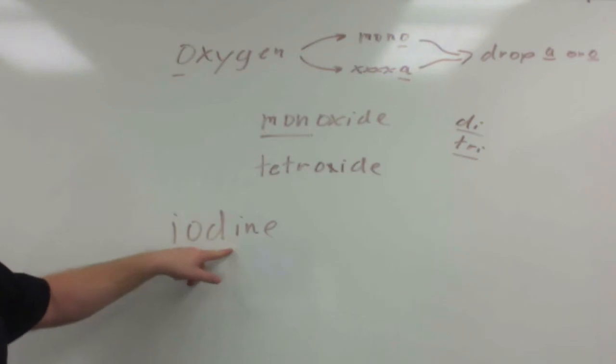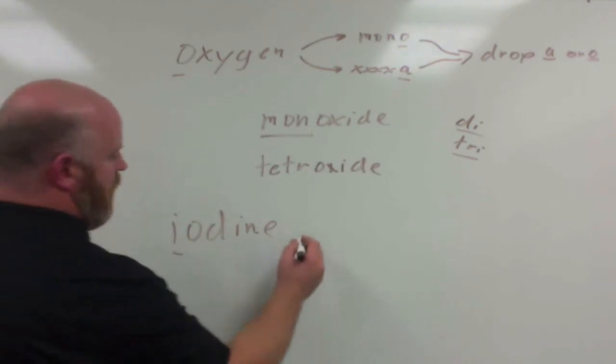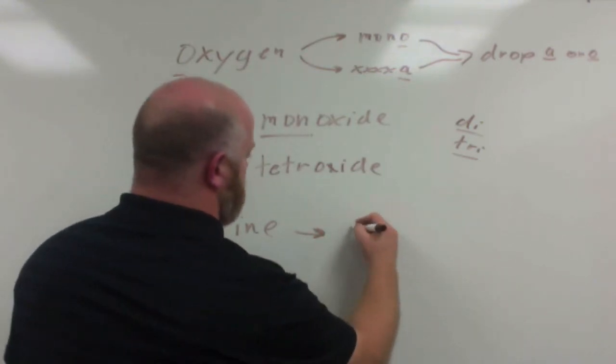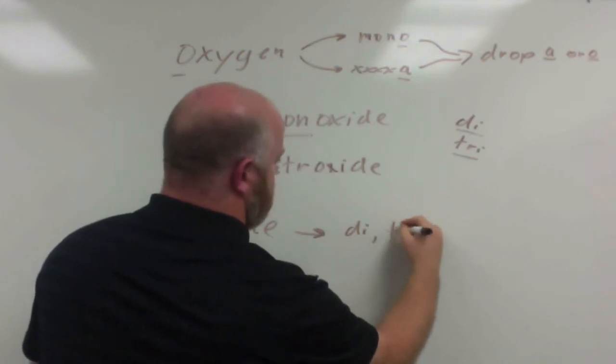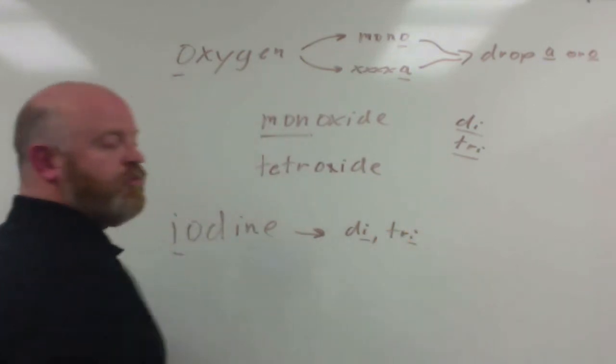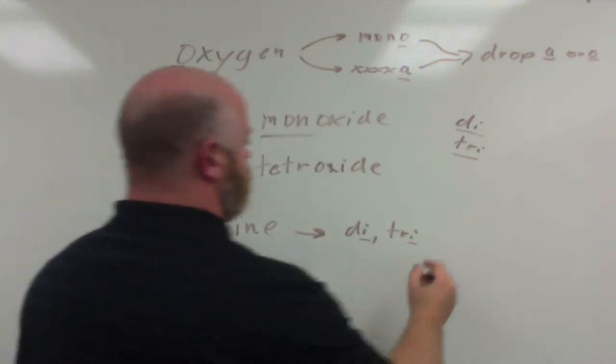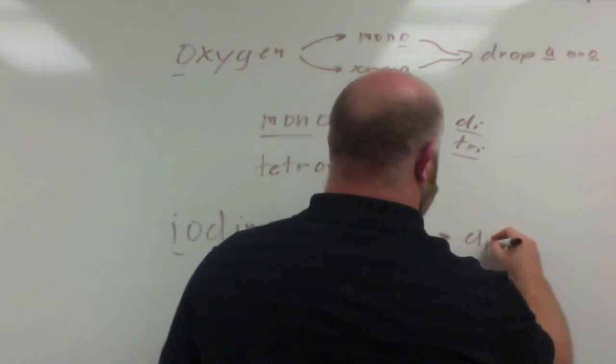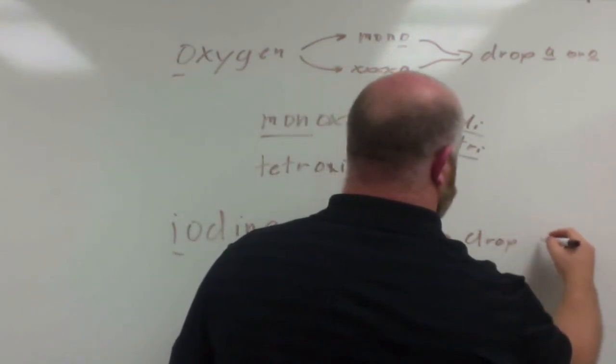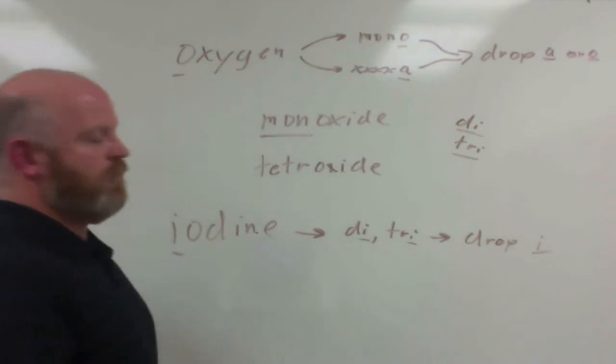However, for iodine, because it begins with an I, your di and your tri, you do drop the I's here. So for these both, we drop the I when we name this.